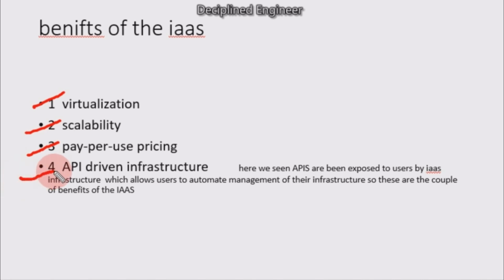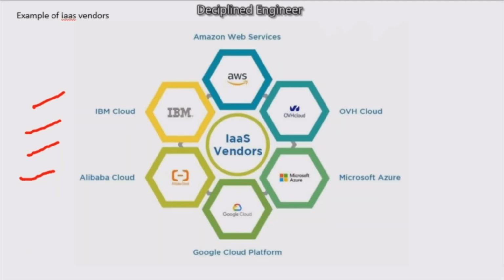Also the fourth benefit of IaaS is API-driven infrastructure. Here we can see APIs are being exposed to the user by IaaS infrastructure, which allows users to automate management of their infrastructure. So these are a couple of benefits of IaaS we can see here.